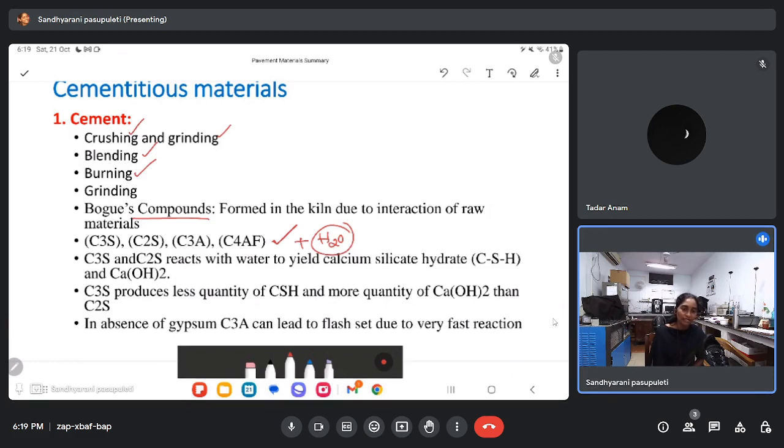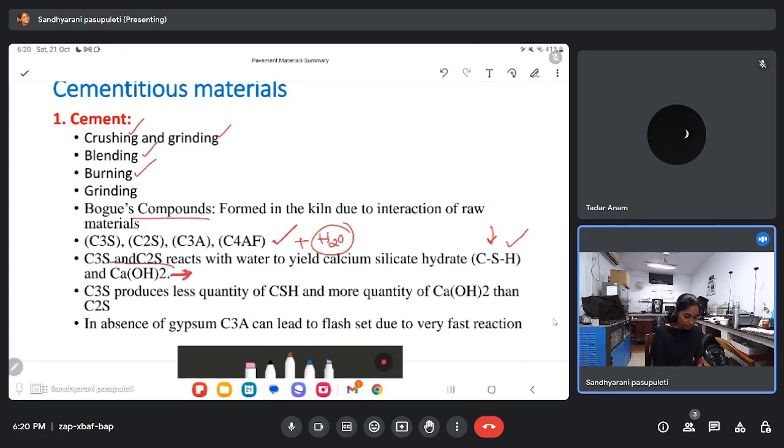In addition to the heat, they also produce calcium silicate hydrate gel. This is the gel that is responsible for the strength of the concrete, and they also release calcium hydroxide. Calcium hydroxide is not desirable, but we are interested in CSH.